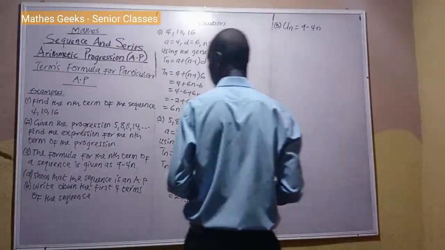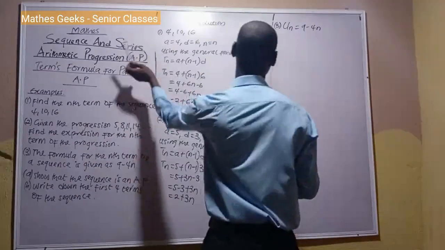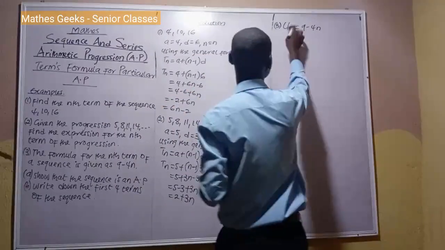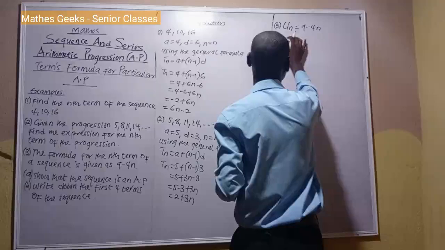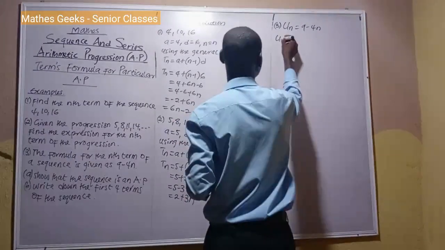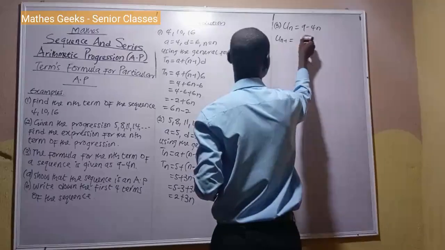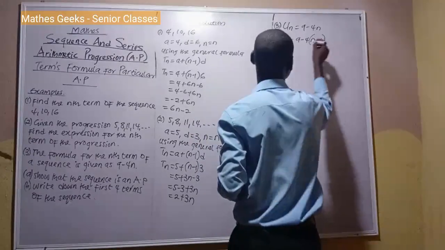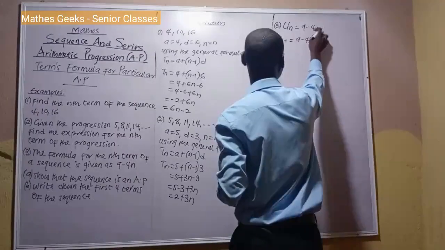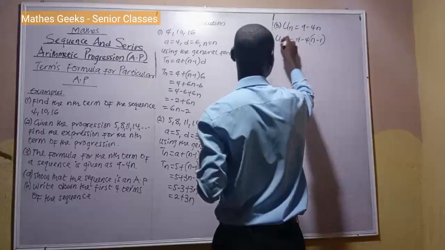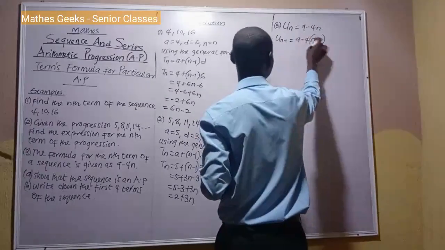For the sequence to be an AP, the common difference should be constant. If this is the formula for the nth term, then the term before the nth term is Un minus 1. That will give us 9 minus 4 times n minus 1.